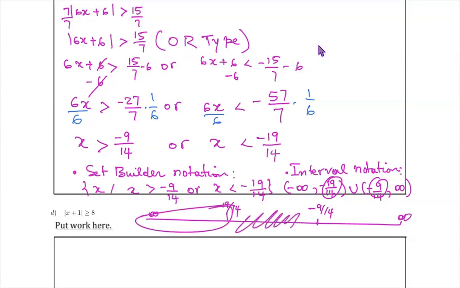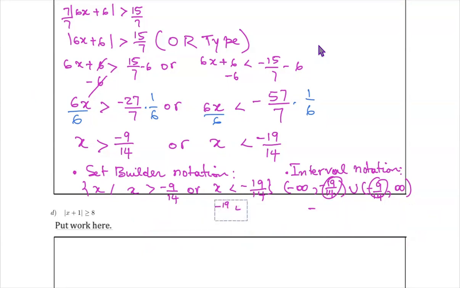This one is not included in the solution, but this is included. So that's why you have this one and this one as your solution. You need to keep it in order as you're reading it, from negative infinity to negative 19/14, union from negative 9/14 to infinity. Okay, so now let's go with the next example.